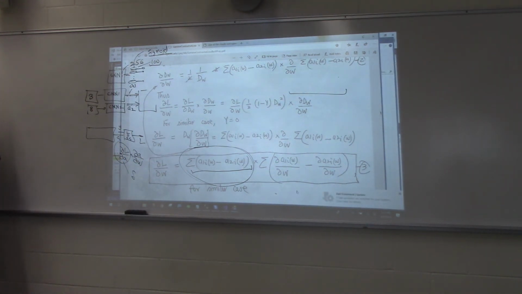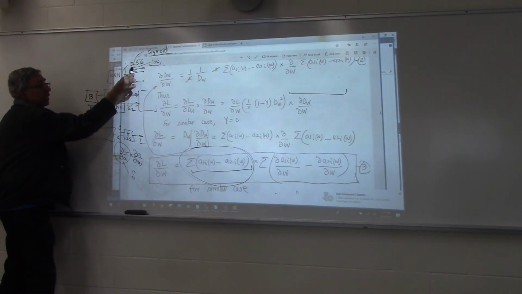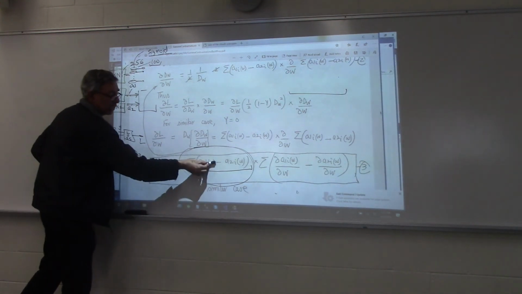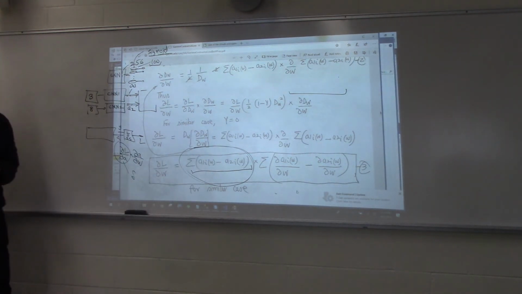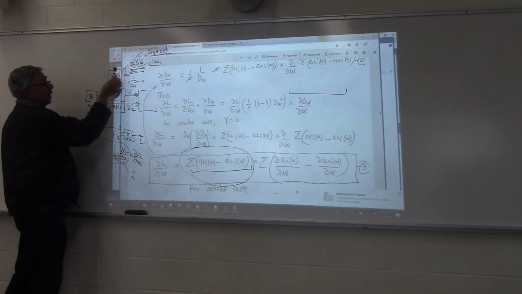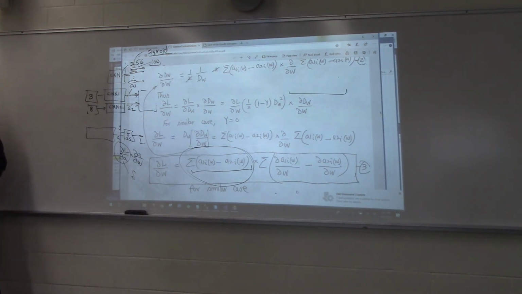So then what will be the delta in this last layer? The delta in the last layer will be essentially this term, multiplied further by the derivative of the activation function. So that will be the delta in your last layer. Once you have the delta in the last layer, then we can backpropagate it exactly like we discussed last week.